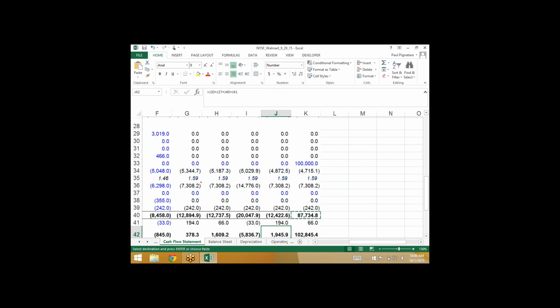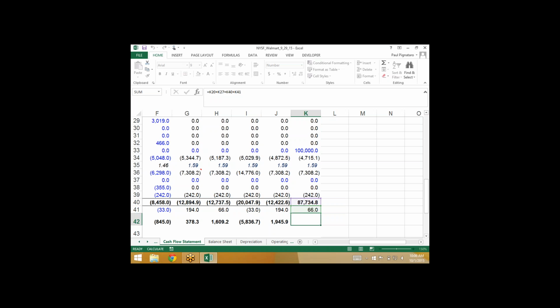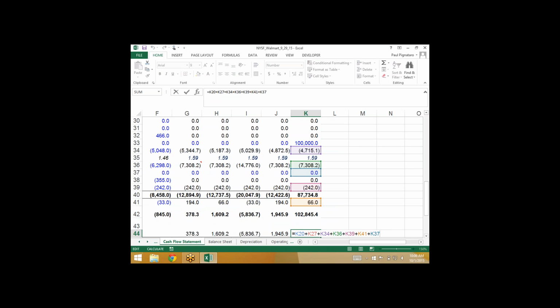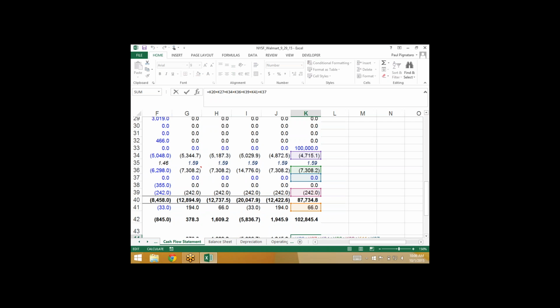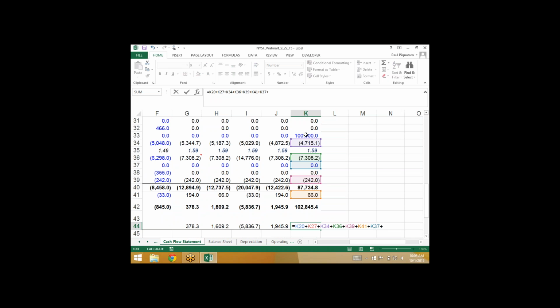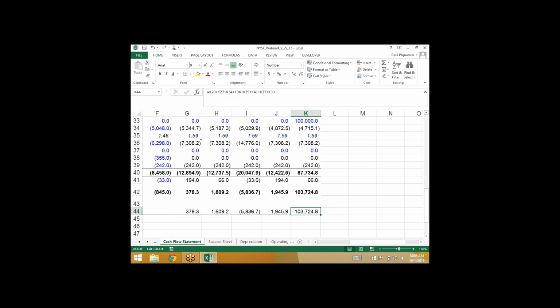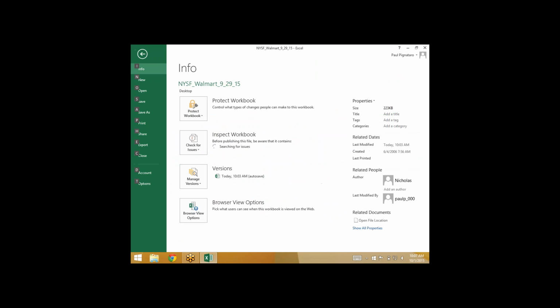And I also want to make sure that my total cash before that pay down also includes that line item. It's a new line item. You want to make sure your totals include that. Okay, so make sure you have this. I'm going to save this as a 10-1 model.